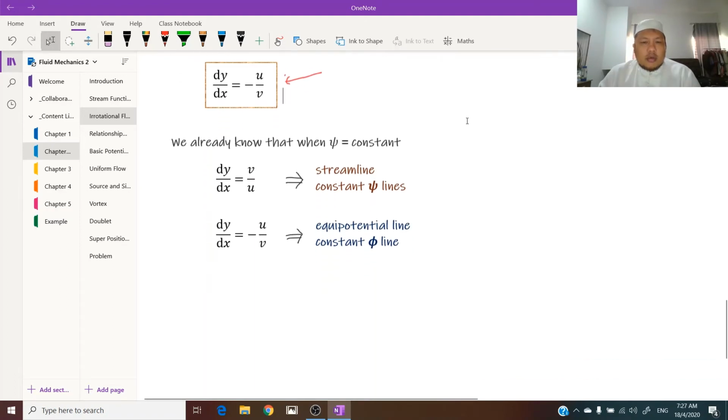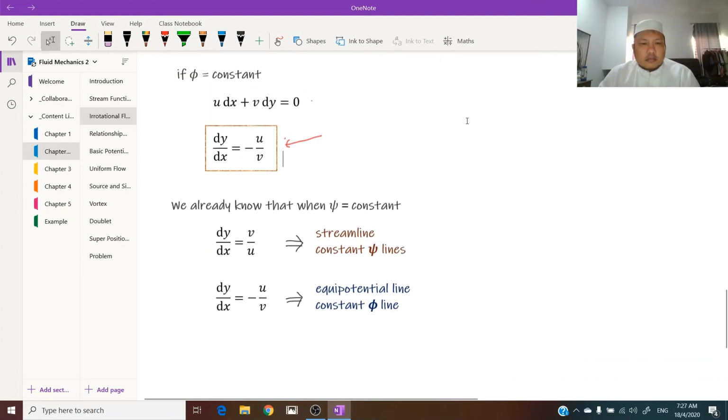So for this case, we already know that phi equal to constant, psi equal to constant. This is the stream function constant.